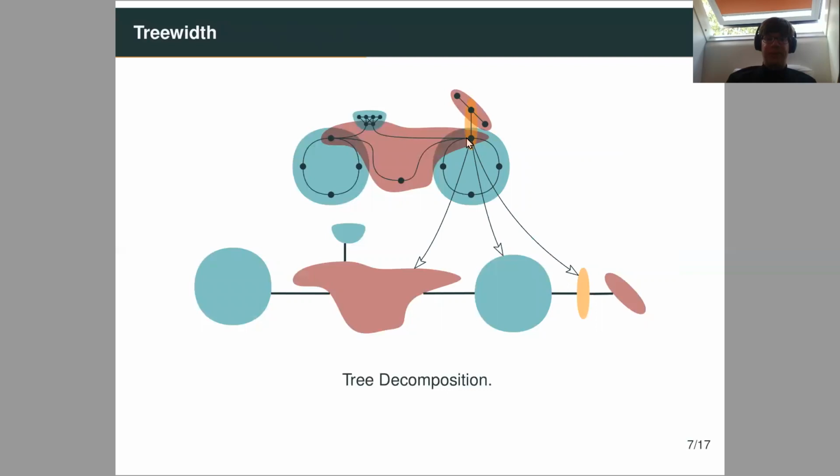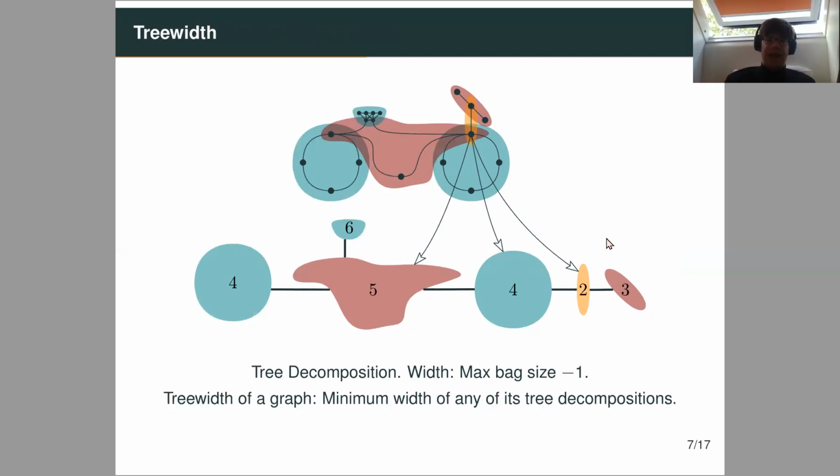So here, if we look at this vertex, it appears precisely in those 3 bags, and they are connected. Now, the width of a tree decomposition is the maximum bag size minus 1. In this case, it's 5. And the tree width of a graph is the minimum width of any of its tree decompositions.